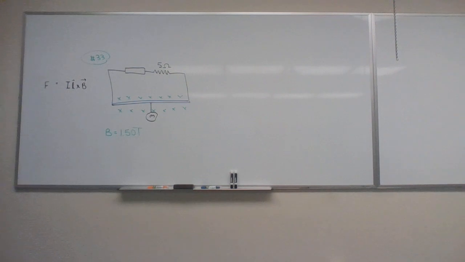The battery voltage can be adjusted to vary the current in the circuit. The horizontal bar is 60 centimeters long and is made of extremely lightweight material. It is connected to the battery by thin vertical wires that can support no appreciable tension. All the weight of the suspended mass is supported by the magnetic force on the bar.